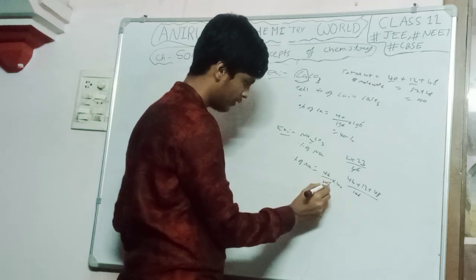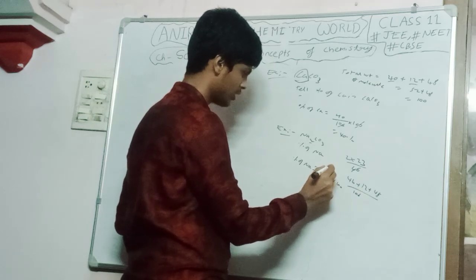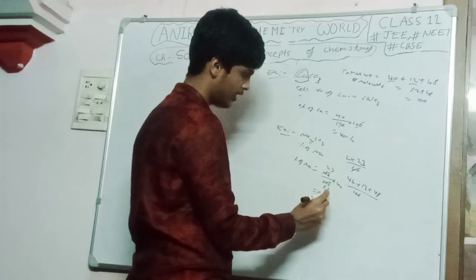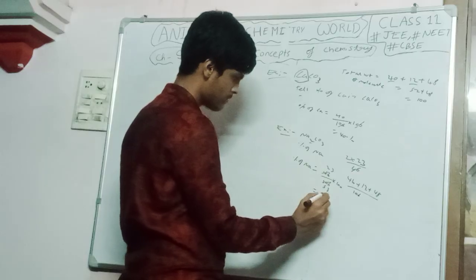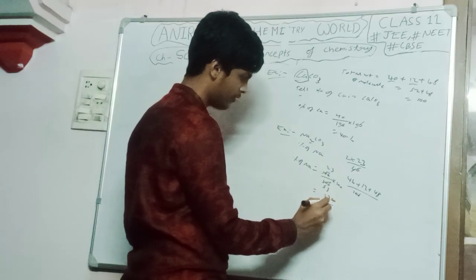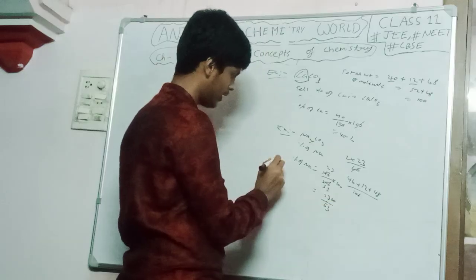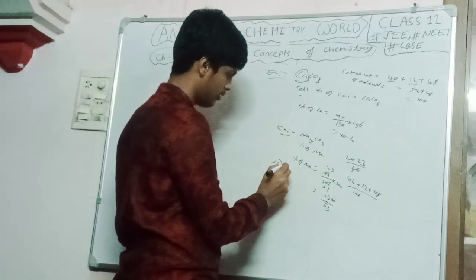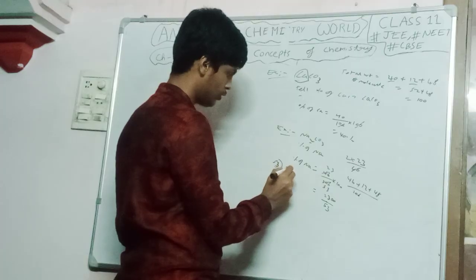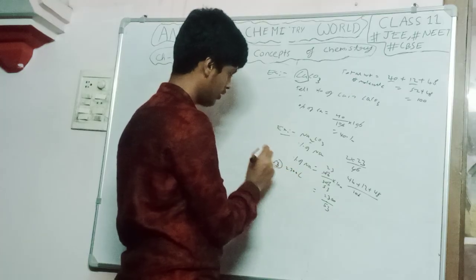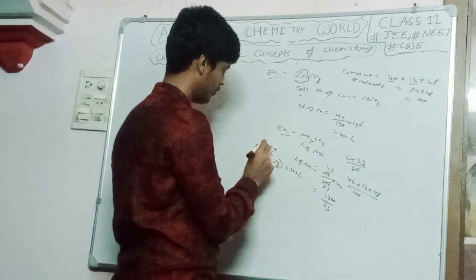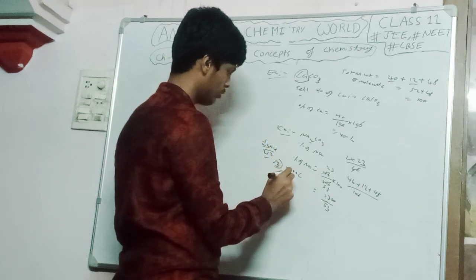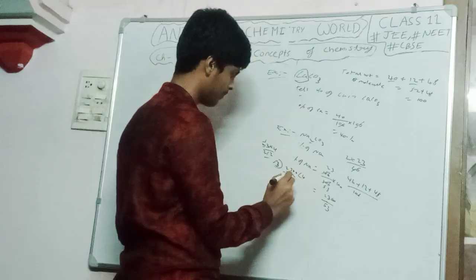Approximately, I will do 4600 by 106, that is 2300 by 53. I will calculate by 53.